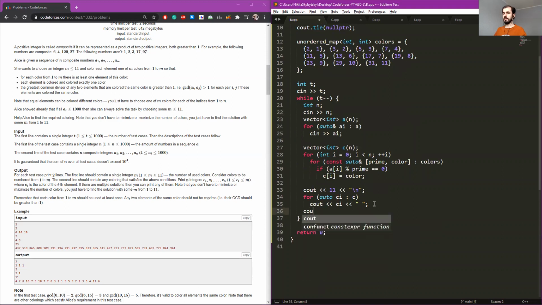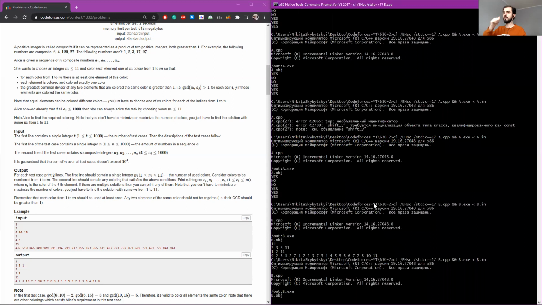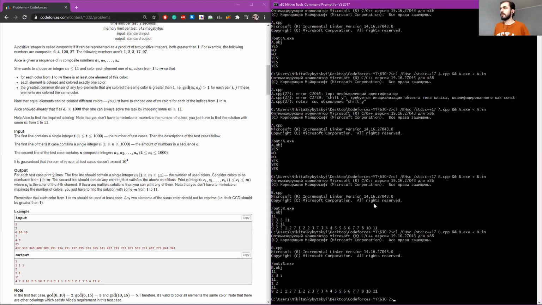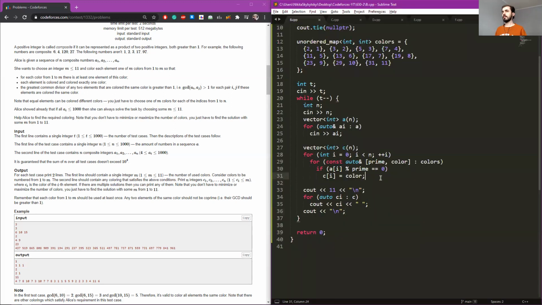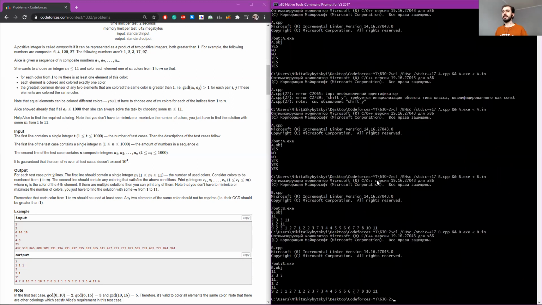Right, because I did not print it. So we have 2, 3, or actually we can break at the same time, but we don't care about it, right?